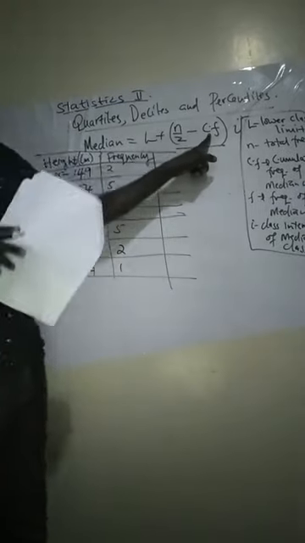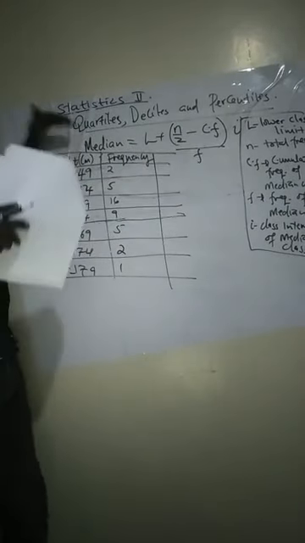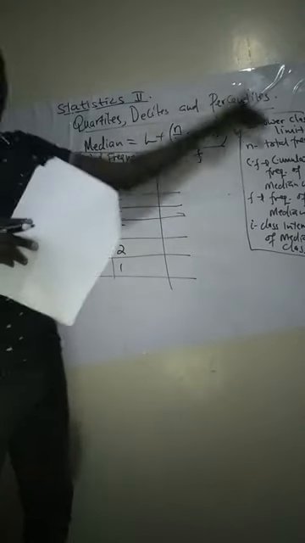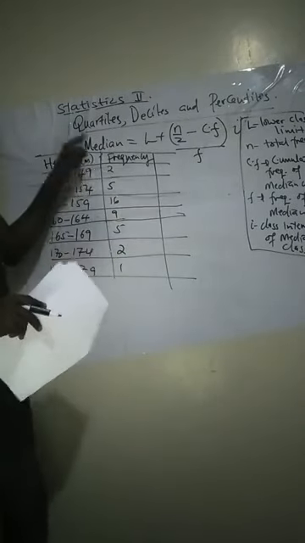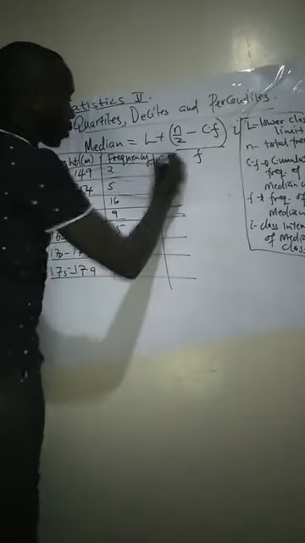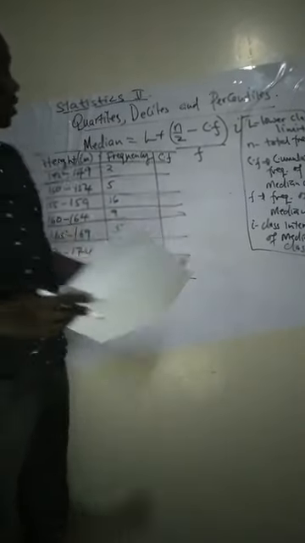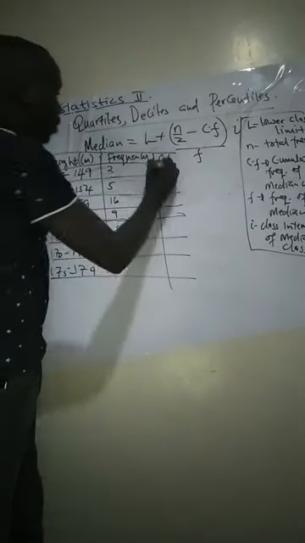Having captured this, one thing you will notice that is very prominent in this formula is the CF. CF is very significant in these three areas: quartiles, deciles, and percentiles, and obviously the median. So the first thing you must get, even in Form 2, for you to get a median, is the CF.